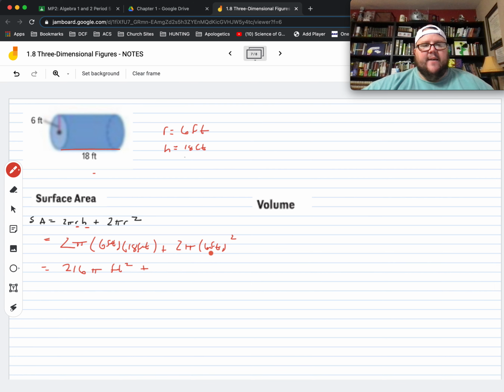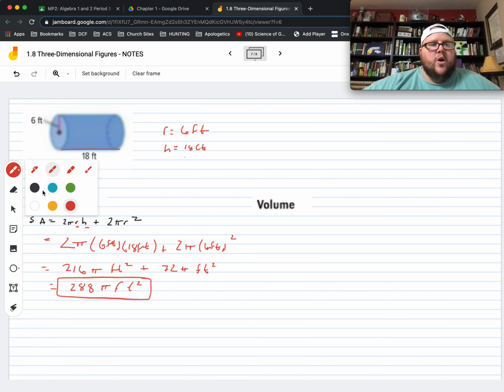Plus, now we have 6 squared, which is 36, times 2, which is 72 pi feet squared again. And now I'm going to just add them. So 216 plus 72 is 288 pi feet squared. So that's our surface area.